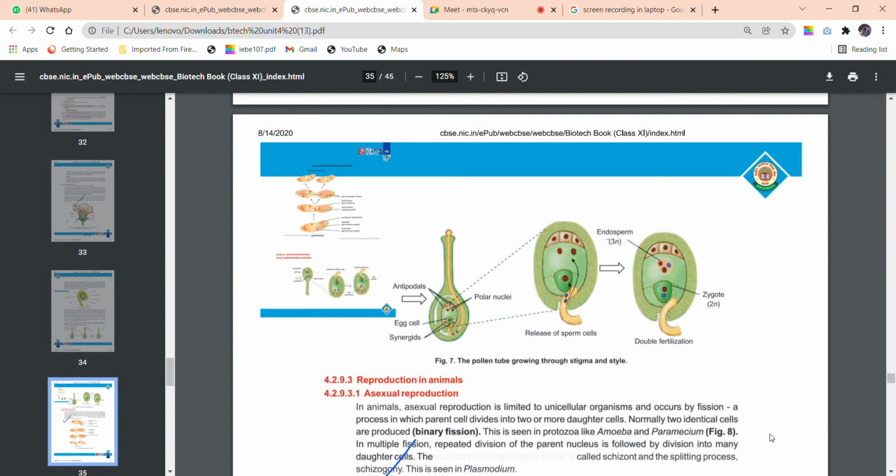One will fuse with the egg cell and the other will fuse with the polar nuclei. The egg cell fusion makes the zygote, which finally develops into the seed, and the polar nuclei make the endosperm.